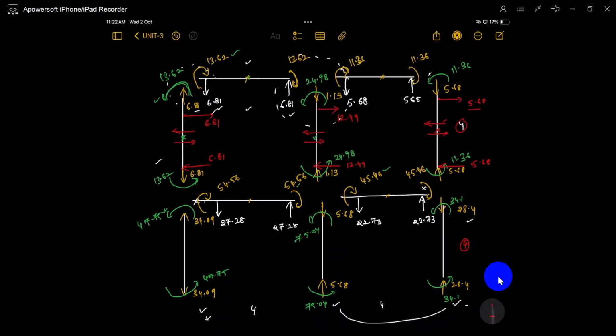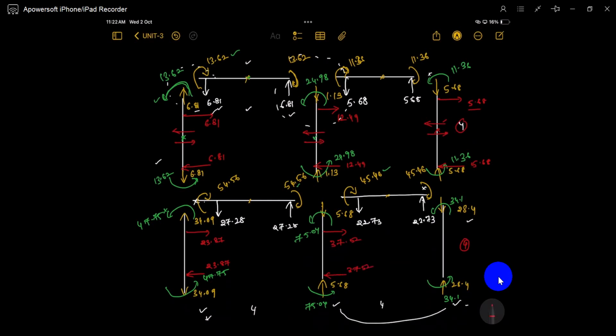So here is 47.75 divided by 2, so 23.87. Here 75.04, this direction 37.52.